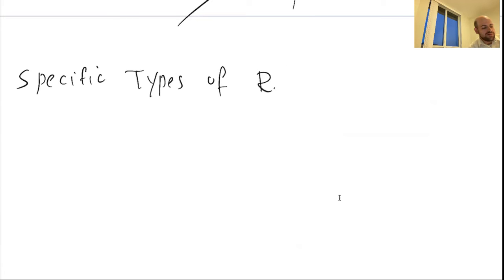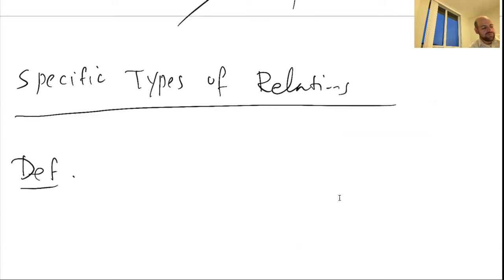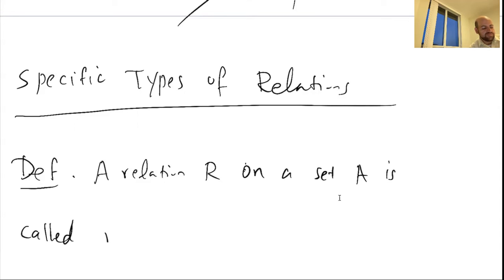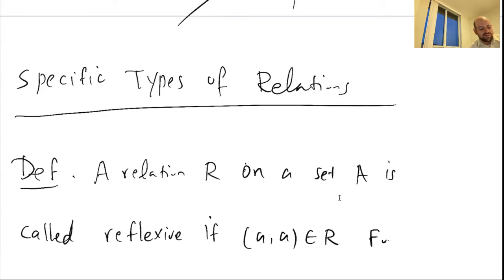So, definition: a relation R on a set A is called reflexive if the pair (A, A) belongs to R for every A in the set A.